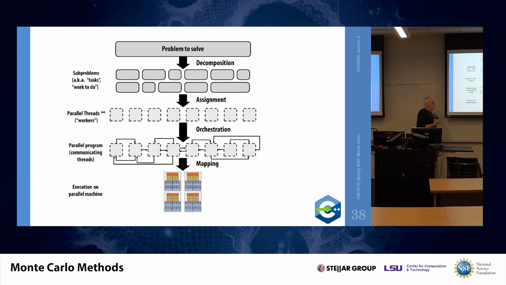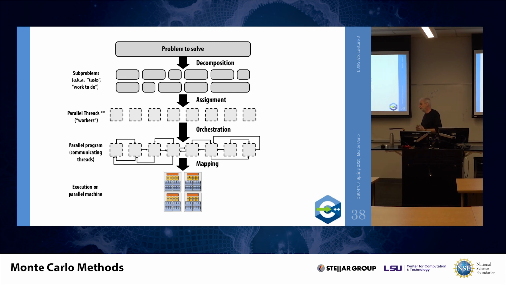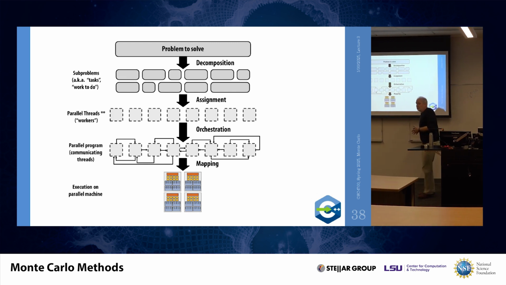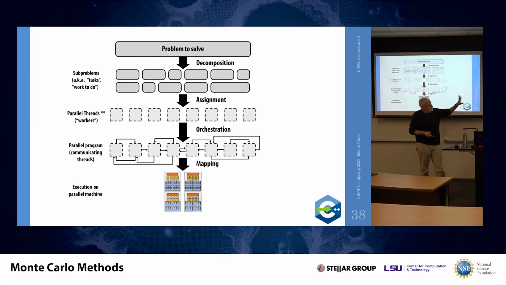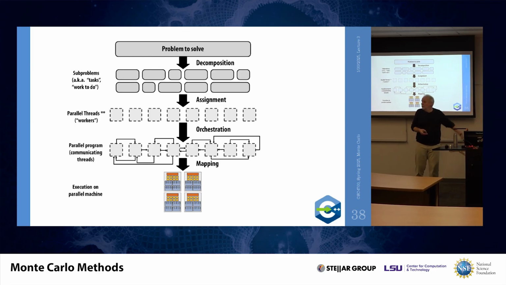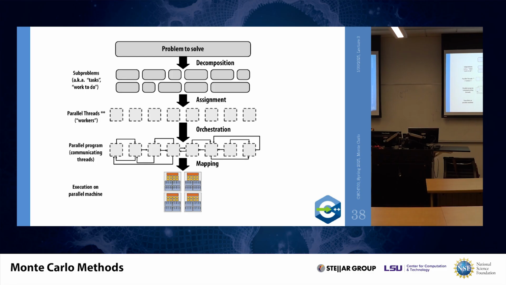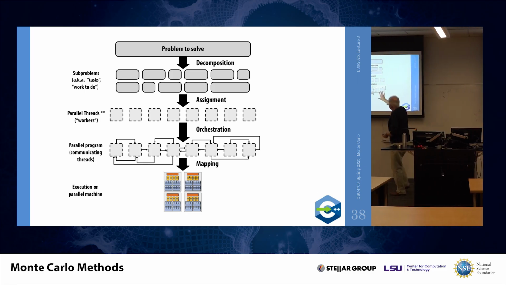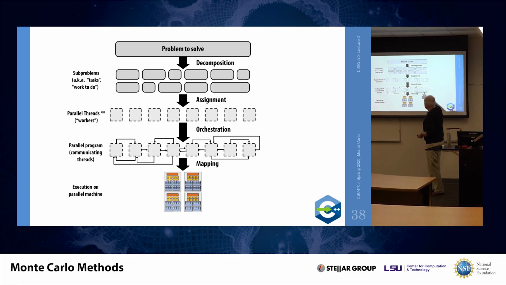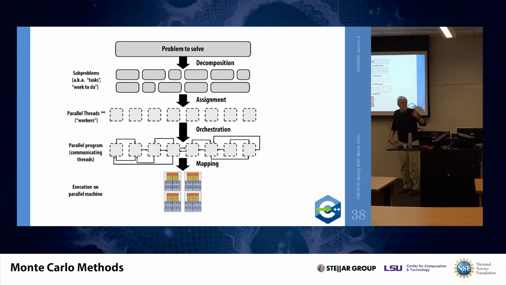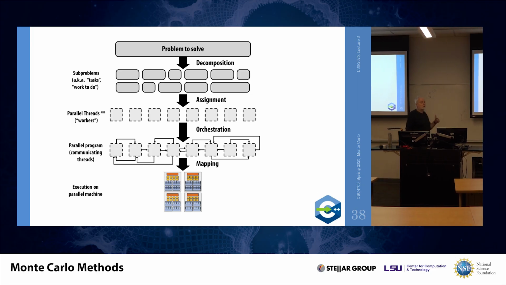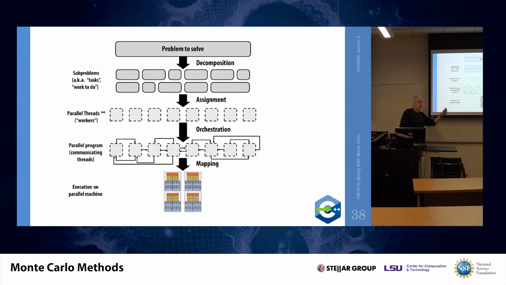To be a bit more rigorous about the question of what we need to parallelize something: this is a picture I will show you over and over again over the semester. Essentially, it tells you that in order to really parallelize a code, you have to go through 4 steps. You have to decompose the problem into tasks that can be run independently.